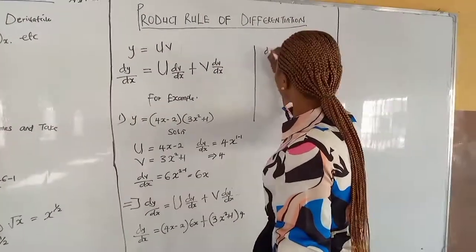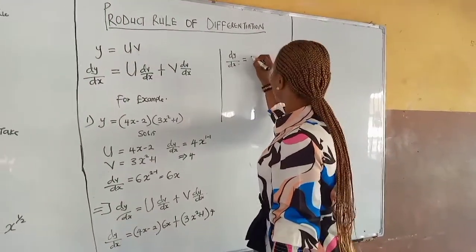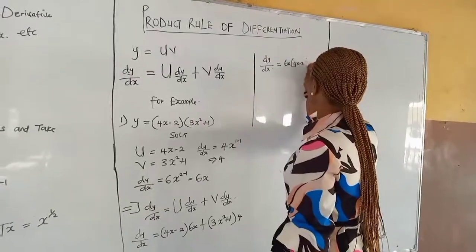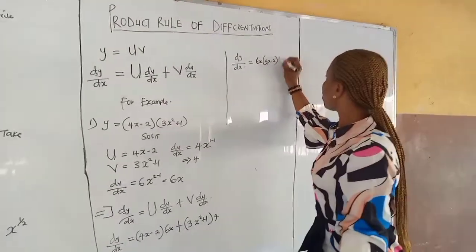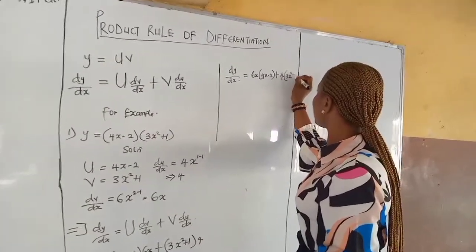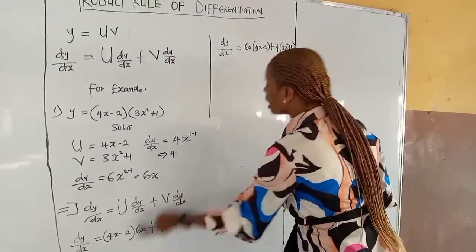So that what we have is dy/dx equal to 6x into (4x minus 2) plus 4 into (3x squared plus 1). I hope you can see very well. This is what we have.